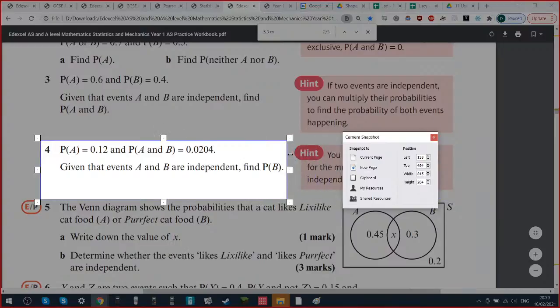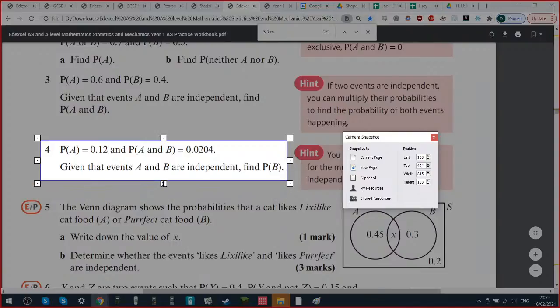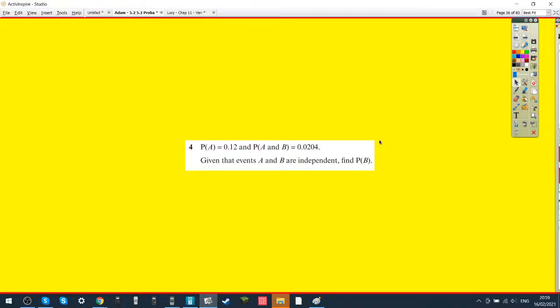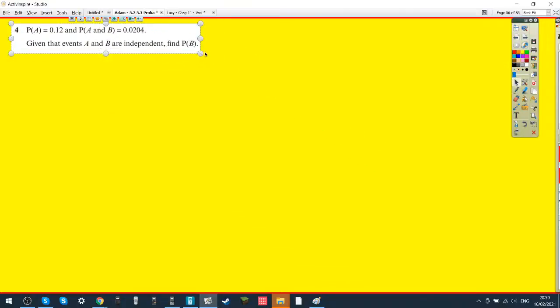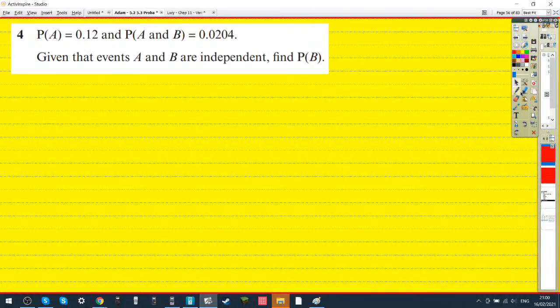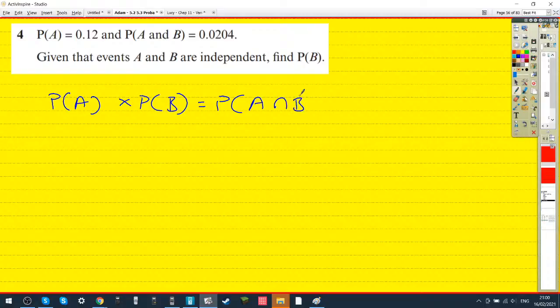0.12 and 0.0204. What's our formula? What's the formula? A times B. Yeah. Equals A and B. Yep.